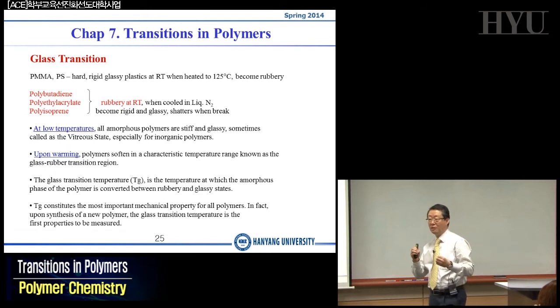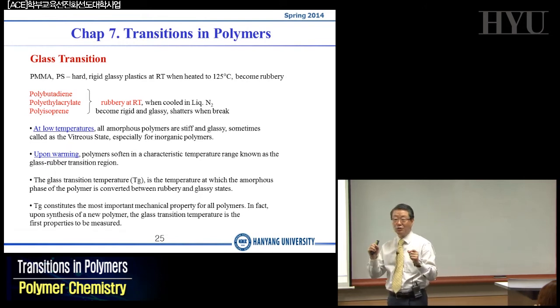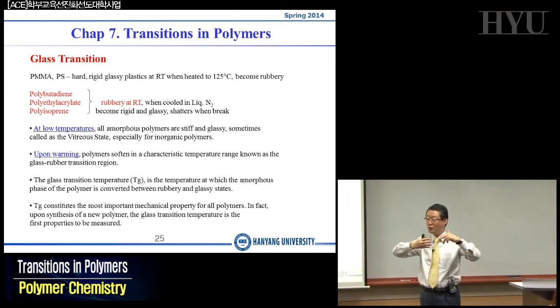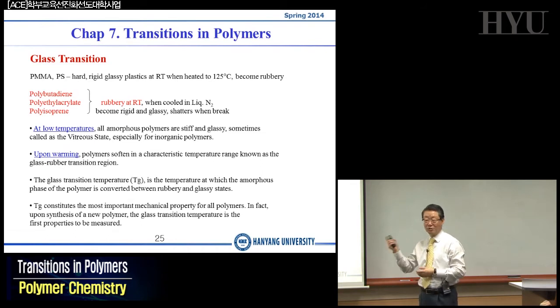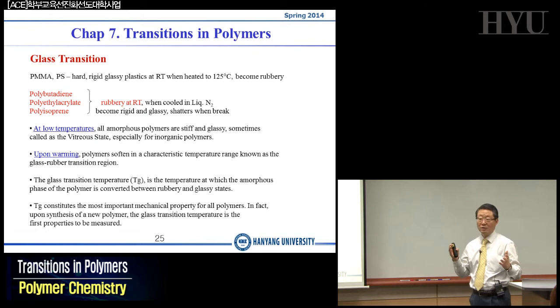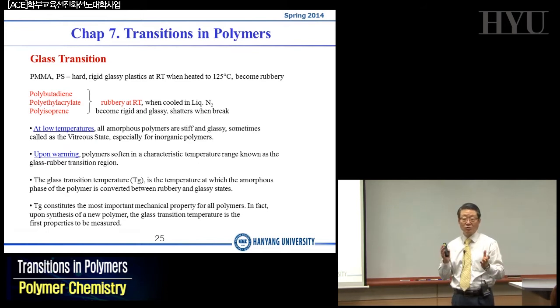In the meantime, if you have aliphatic chains, like carbon-carbon chains, those carbon-carbon chains will be moving and rotating, so the flexibility of the aliphatic chain versus the aromatic chain decreases the glass transition temperature of most materials. So if you look at the backbone, the chemical structure of this material, you can imagine the glass transition temperature.